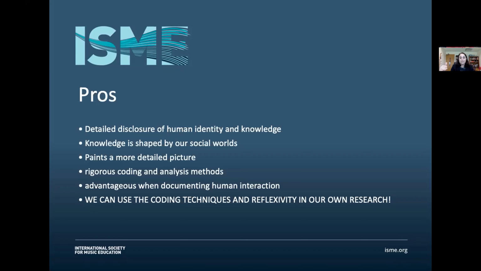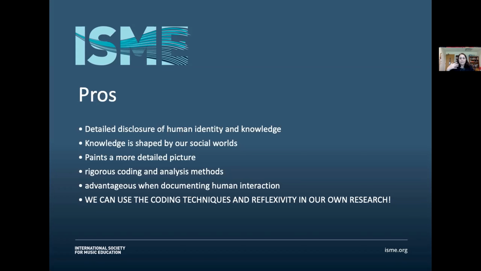So within this specific methodology, if we're staying really true and close to the words of our participants, it actually prevents us from applying our own values onto their identities. And this is really important when you're working with underrepresented populations or vulnerable populations.